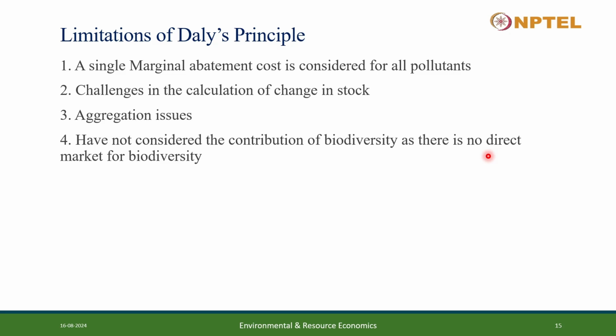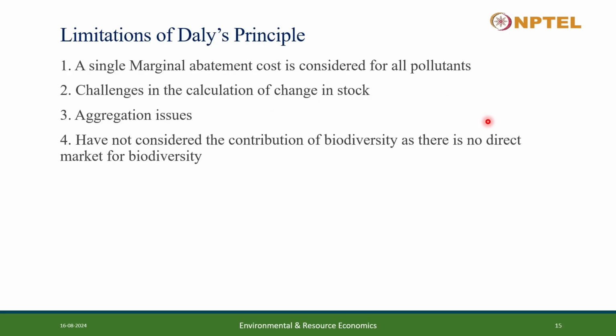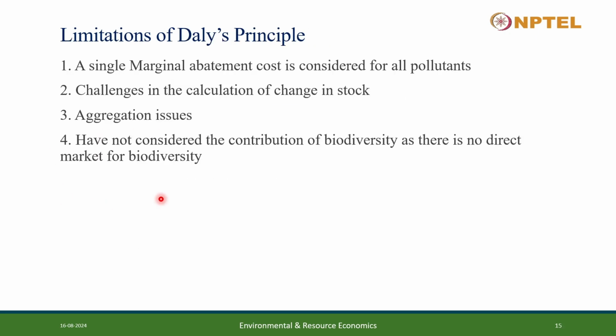Second is challenges in the calculation of change in stock. Third is the aggregation issues. The units of change in renewable stock, the first term, the second term, and then this value might all be different, so aggregation can be one of the challenges. And one of the basic problems is that this formula does not consider the contribution of biodiversity, as we cannot give a market value to this.